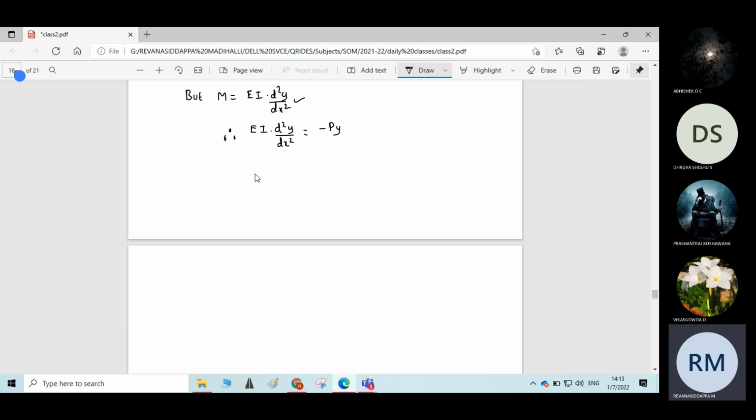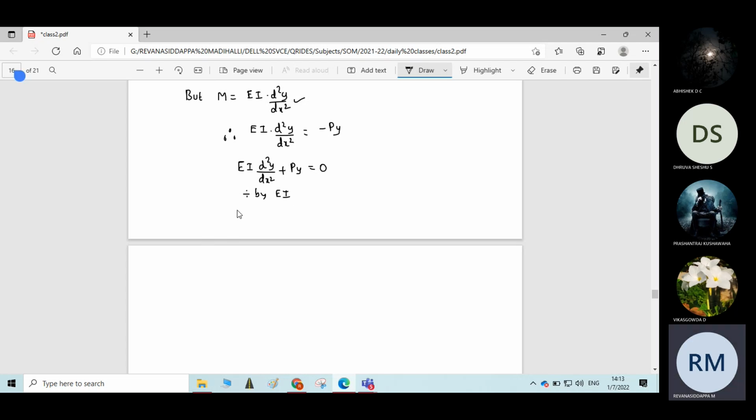Now take this Py to the LHS: EI into d square y by dx square plus Py is equal to 0. In the next step, divide the whole equation by EI.